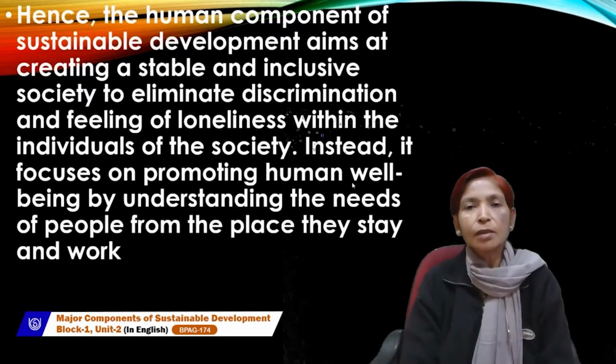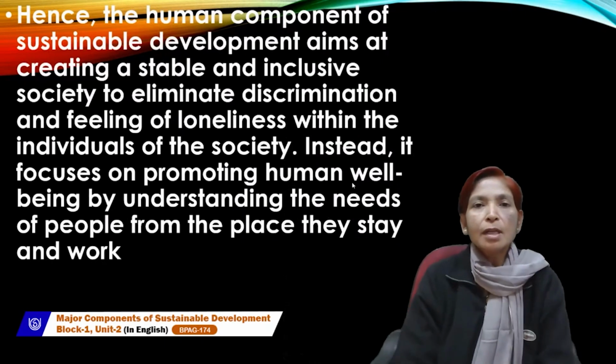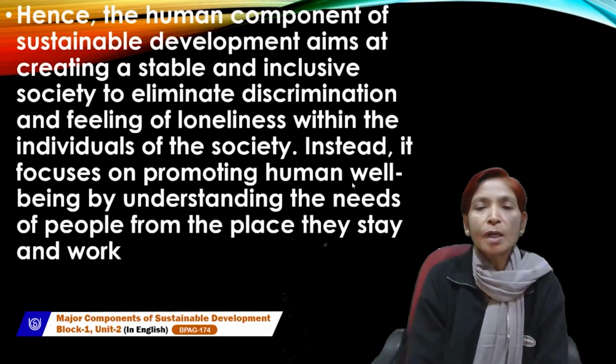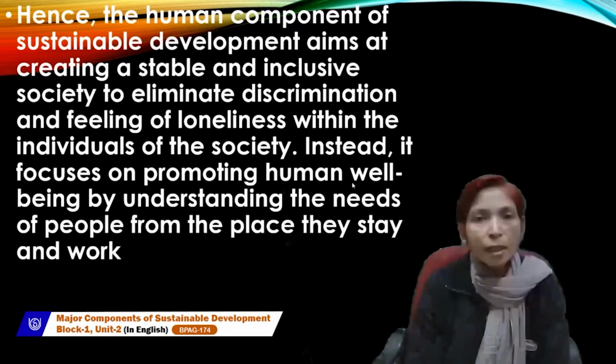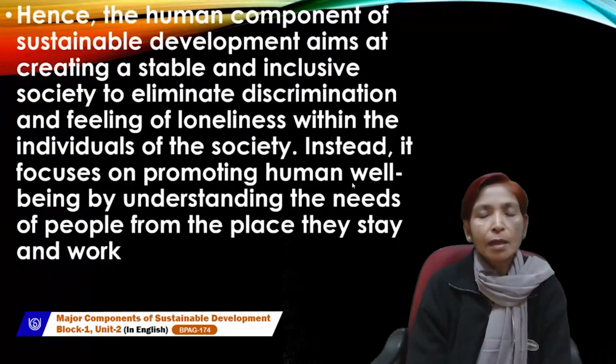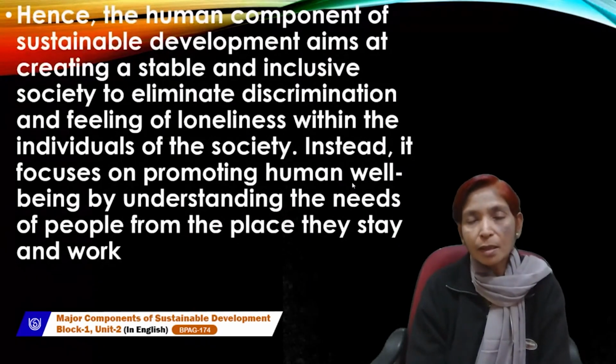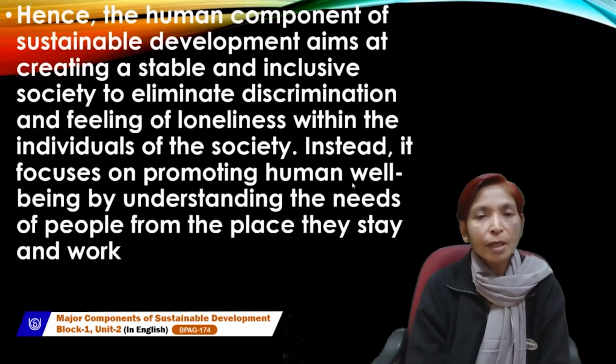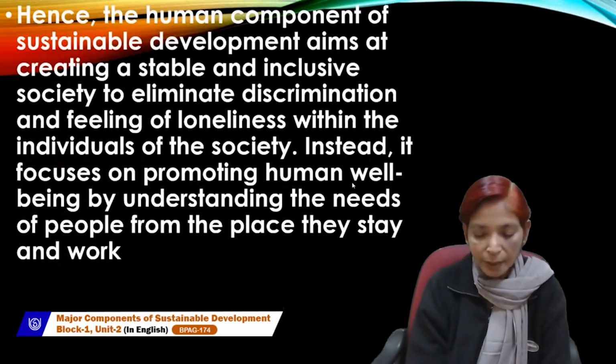So these are the three main important components of sustainable development: one is the economic component, second is the ecological or environmental component, and third is the human component. All these components play a very important role in the achievement of sustainable development.